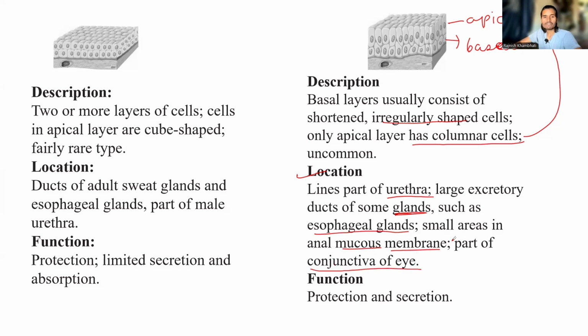So these are the places where you can find stratified columnar epithelial tissue, because this upper layer is columnar. What is the function of this tissue? Protection and secretion. Only two functions.